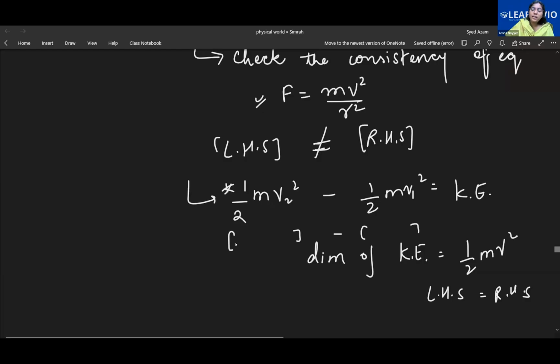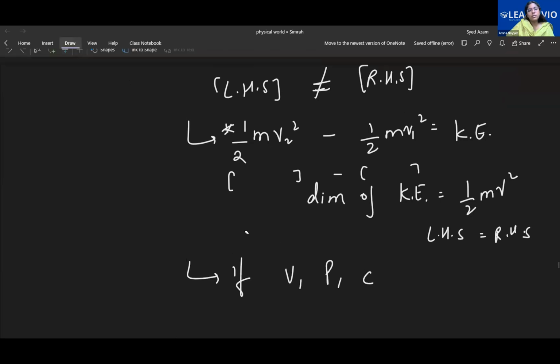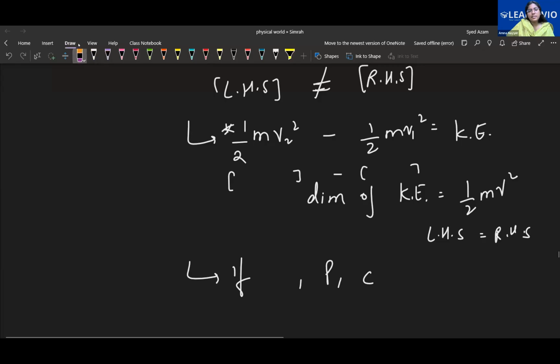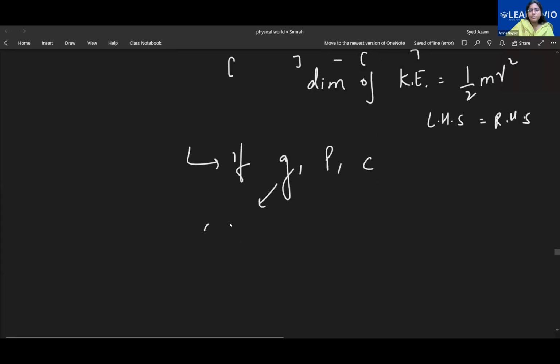There is one more type the question can be asked. If acceleration due to gravity, pressure, and speed of light. Suppose this is just an example I'm taking. Acceleration due to gravity is basically acceleration only.